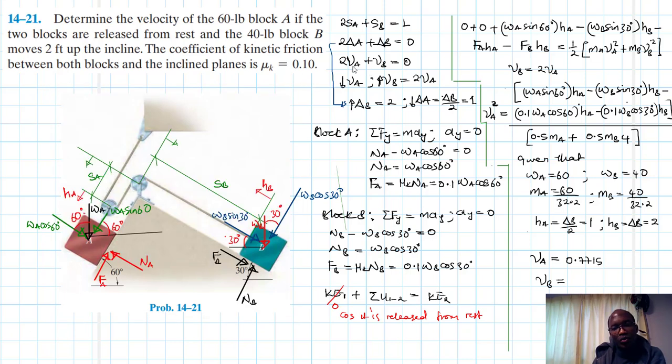So 2VA is equal to VB, therefore VB will just be double of that. So VB gives us 1.5430. This is in feet per second.